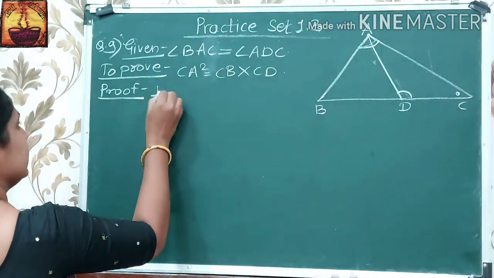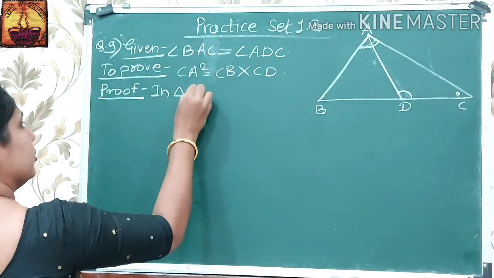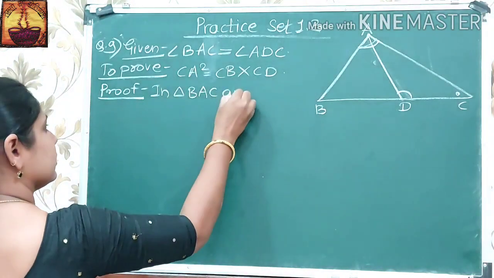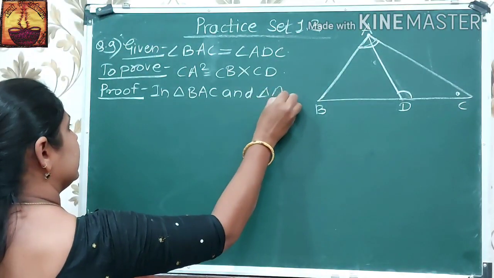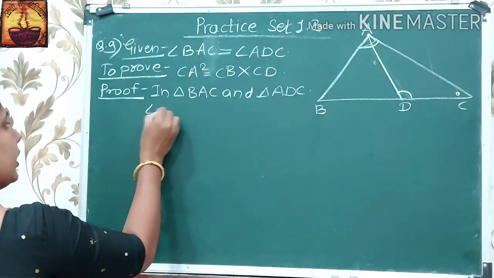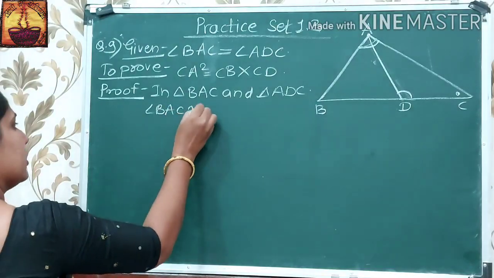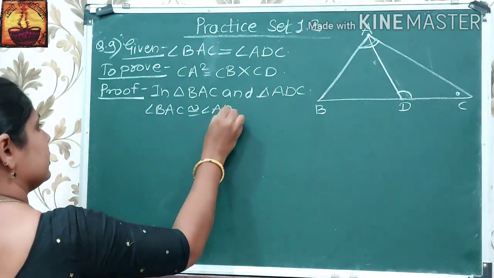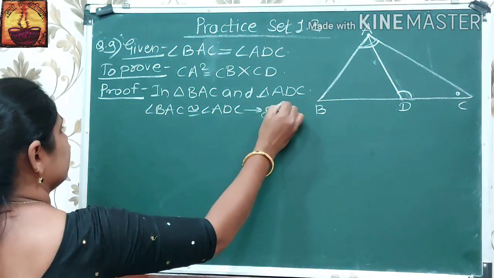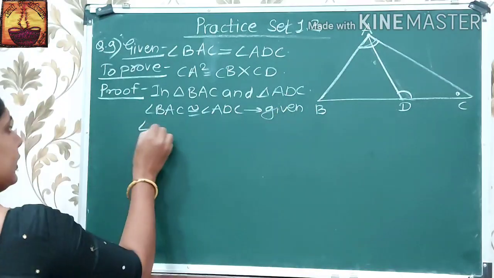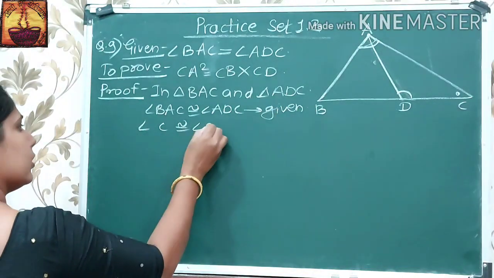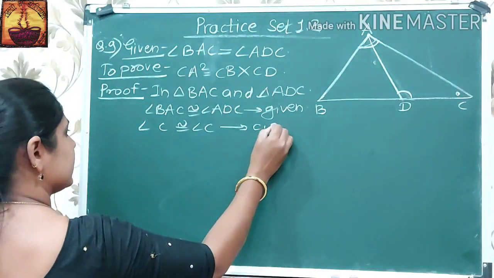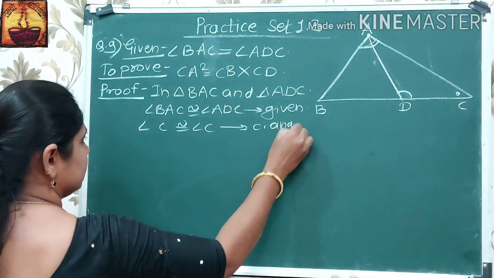Therefore, write here in triangle BAC and triangle ADC. Angle BAC is congruent to angle ADC, which is already given, and angle C is congruent to angle C. It is a common angle.